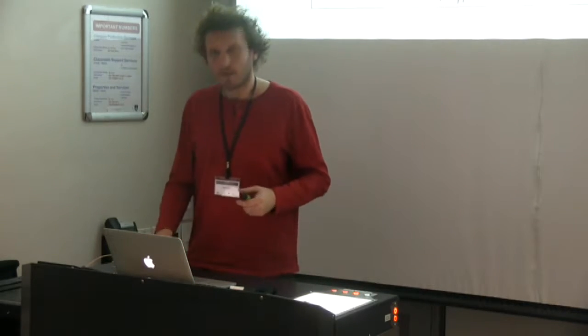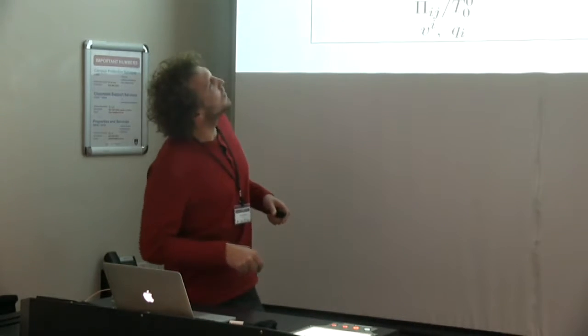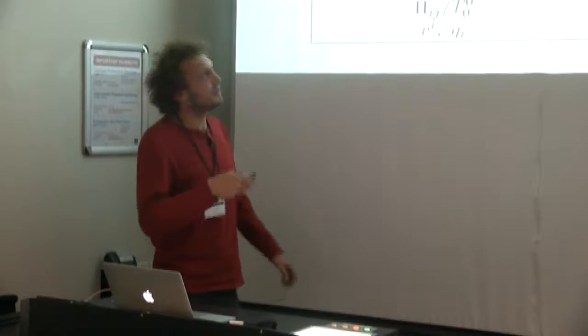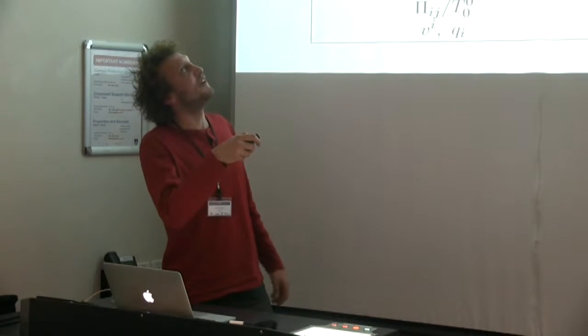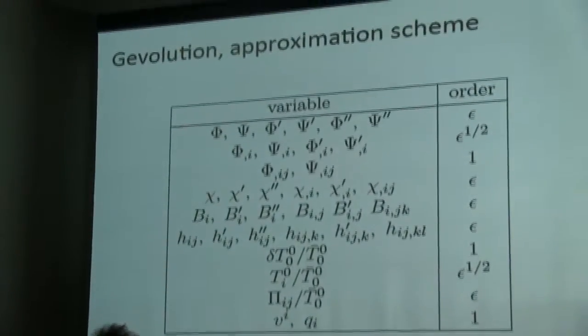It's just a simple map to understand which terms you keep in the Einstein equation and which terms you cross out. David, you said epsilon squared or epsilon? You keep epsilon because you said you kept terms linear in the metric perturbations and second order in velocity. Oh yeah, so it's epsilon. In that table it's epsilon. Sorry, it's epsilon. I had a version of that table with epsilon squared here, and epsilon there. Thank you, Pierre, for this comment.